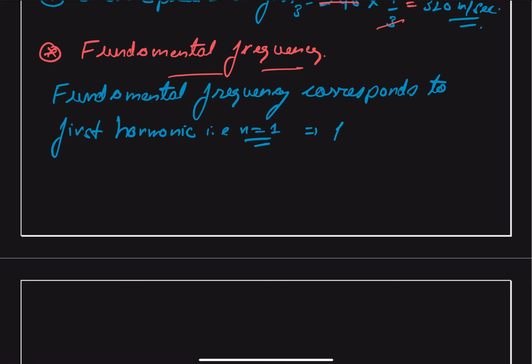So therefore we can write that our f1 will be equal to v divided by lambda 1.